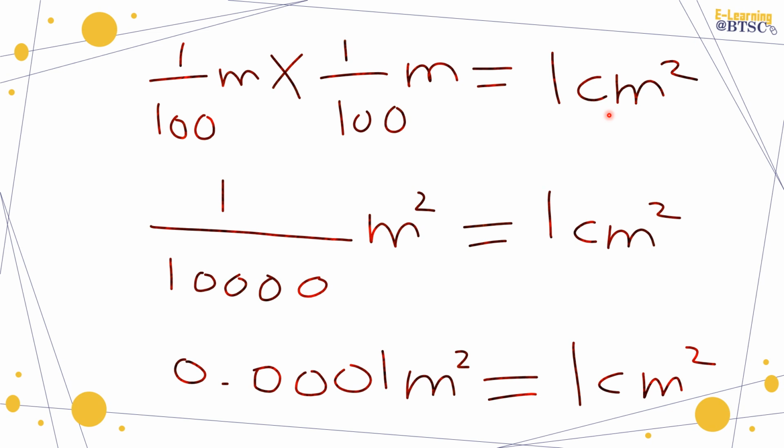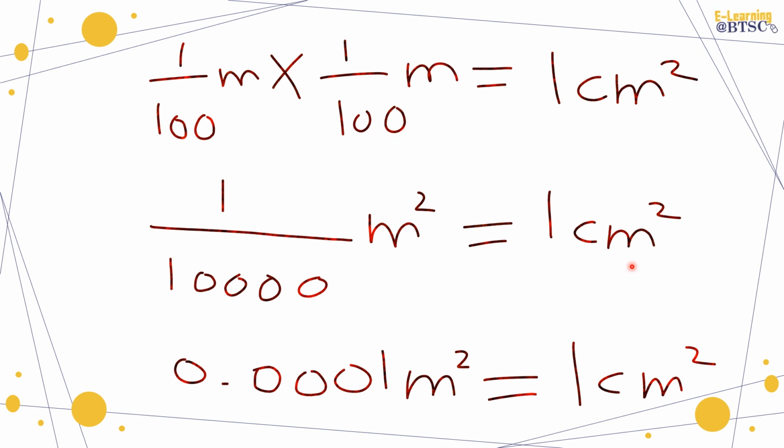Why? Because by taking the square of 1 centimeter, we have the answer 1 centimeter square, as centimeter into centimeter is centimeter square. When you multiply the fractions, you have to multiply the numerator with the numerator and the denominator with the denominator. 1 into 1 is 1, 100 into 100 is 10,000, and meter into meter is meter square.